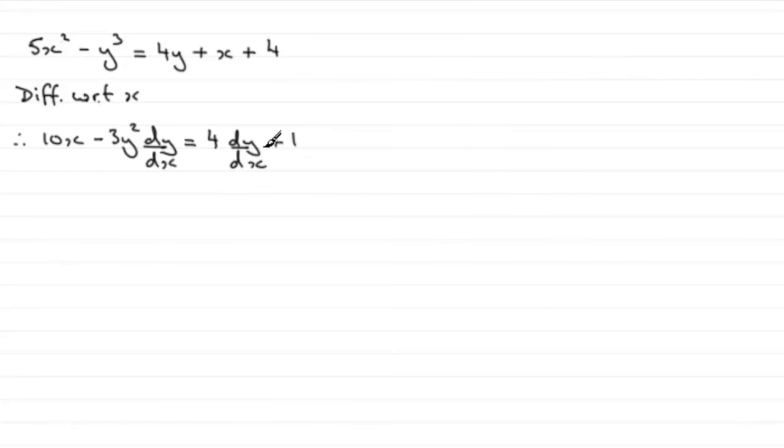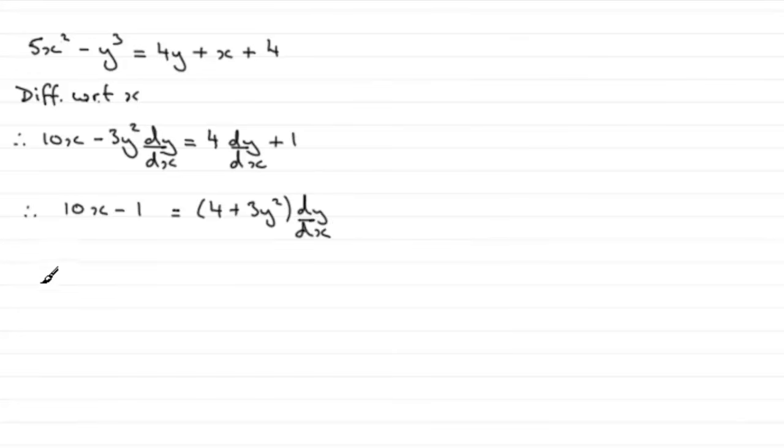So all we need to do now is just rearrange this for dy by dx, and I'm going to subtract 1 from both sides, so I get 10x minus 1, and I'm going to add 3y squared dy by dx to both sides and factorize at the same time, so I just get the 4 plus the 3y squared, and then that will be dy by dx.